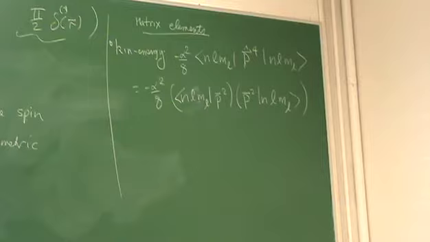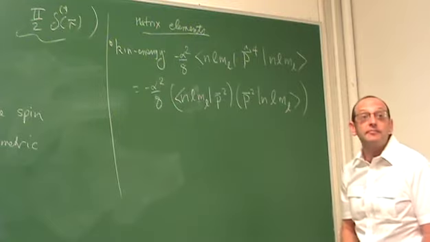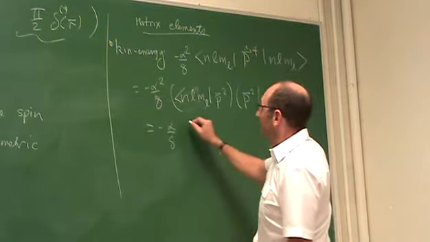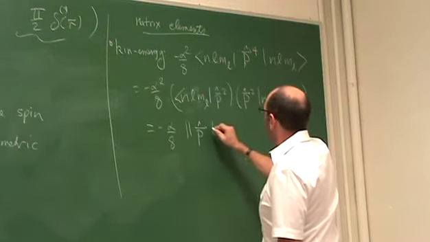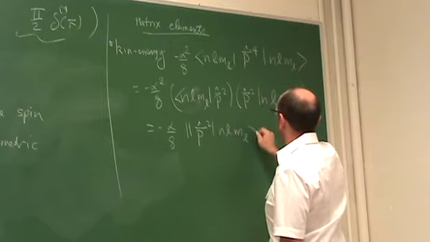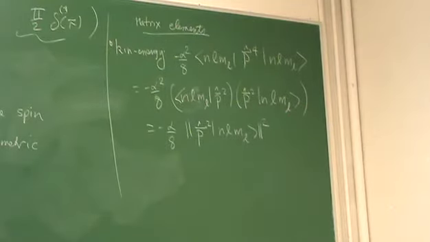So I just broke up the p to the fourth as a p squared acting on the ket and a p squared acting on the bra. And that is the same thing as the norm squared of what happens when I operate the p squared operator on that ket.